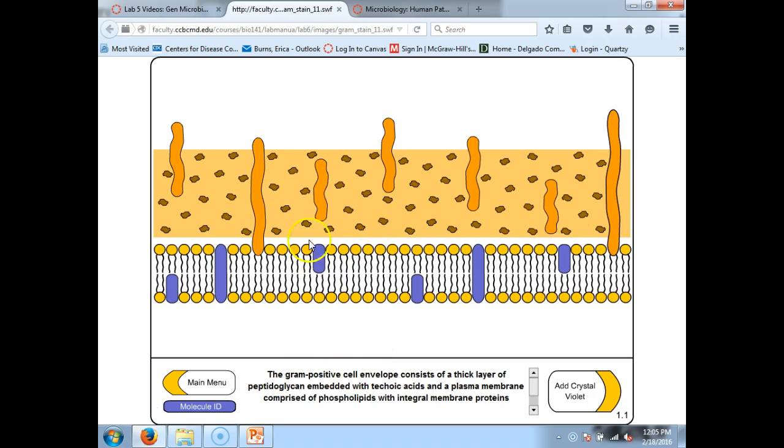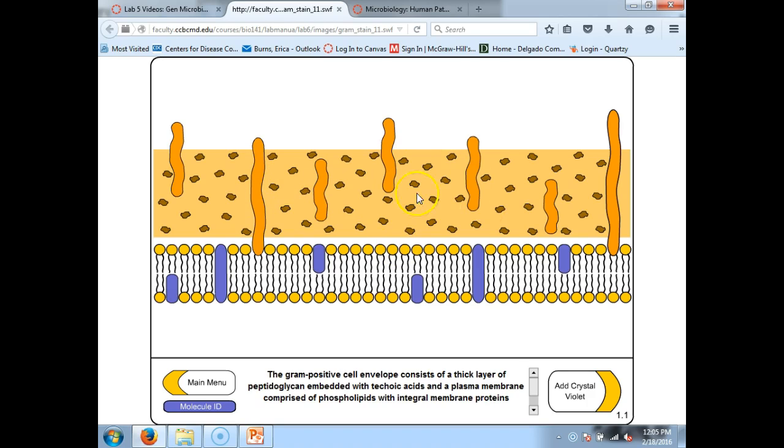So represented here is the cell membrane, with its phospholipids and its embedded proteins. Here we have the peptidoglycan layer, which is unique to bacteria. This is a sugar and amino acid matrix, and then also associated with it for gram-positive cells, this represents the teichoic acid, which is almost like rebar. Right?